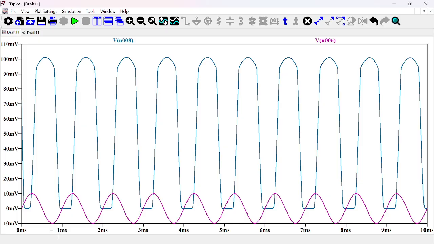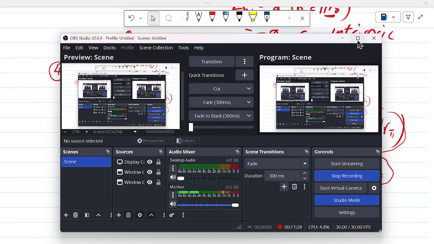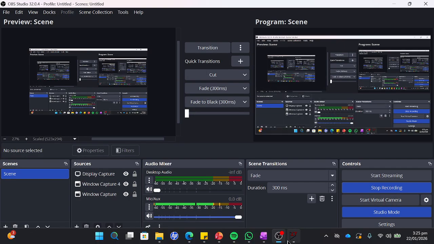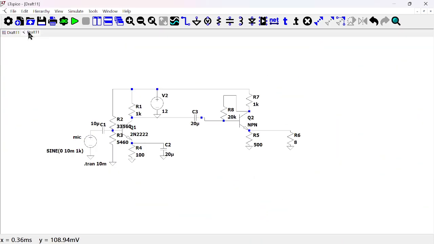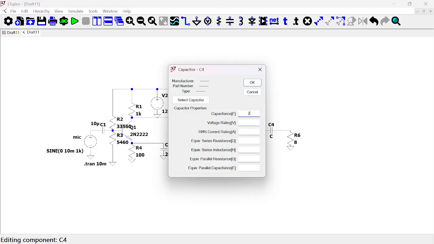and our output signal, so we can also decouple the... sorry, so let me try and decouple the output. Okay, so I will put 20 micro here.